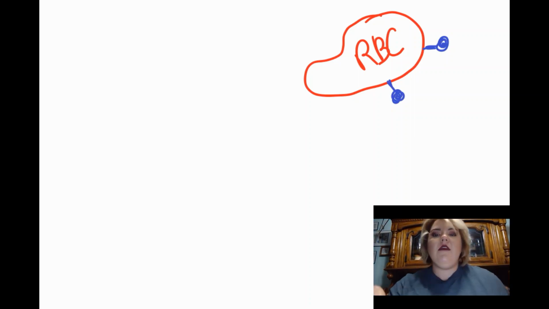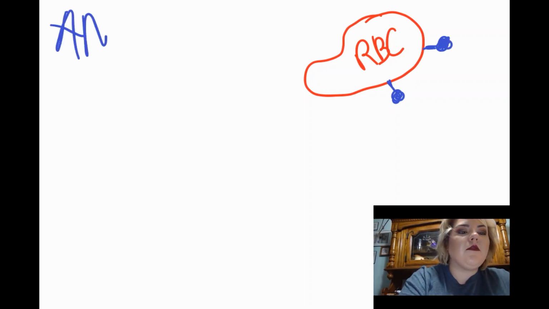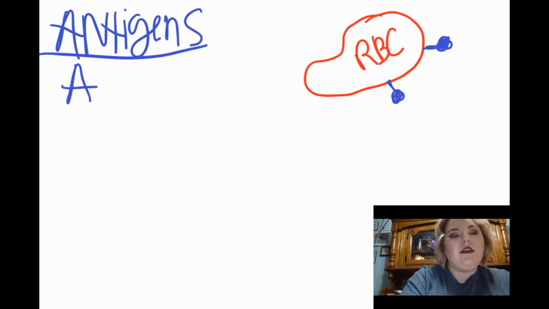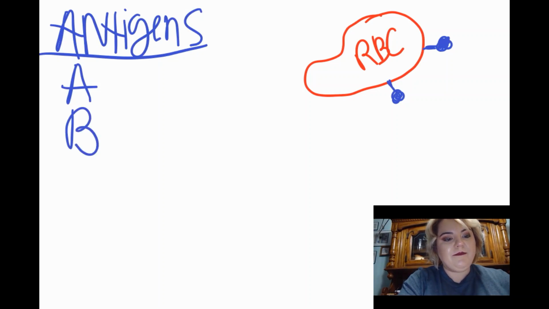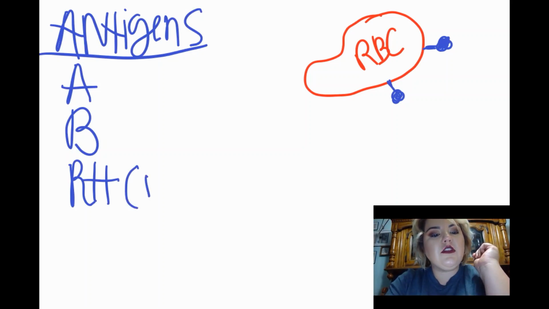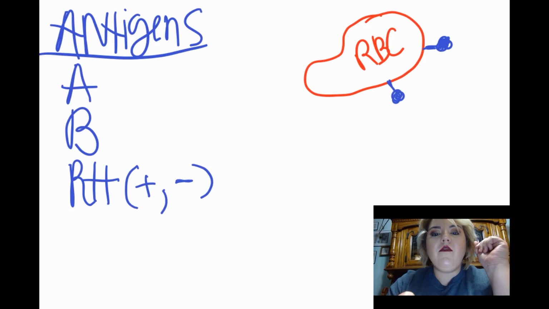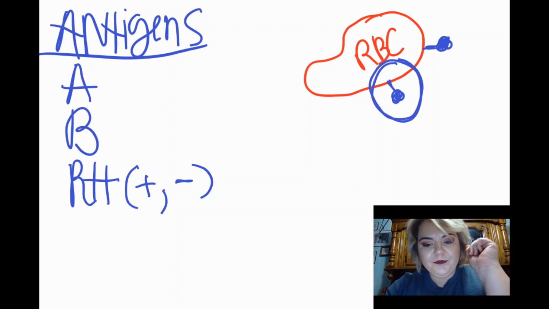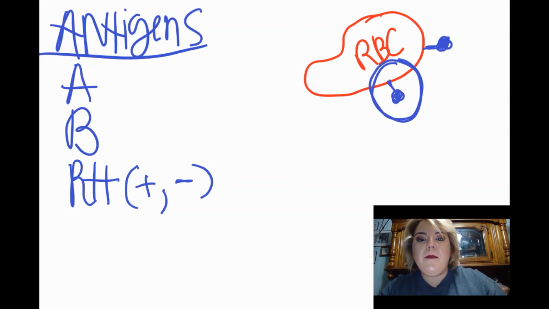The only antigens that are possible, so let's write this back up here, antigens, you can either have A antigen, B antigen, and RH antigen. Now, RH is special because RH is what codes for if our blood is positive or negative. So if we have the A antigen, we know that we have type A blood. If we have B antigen, we know we're type B blood.